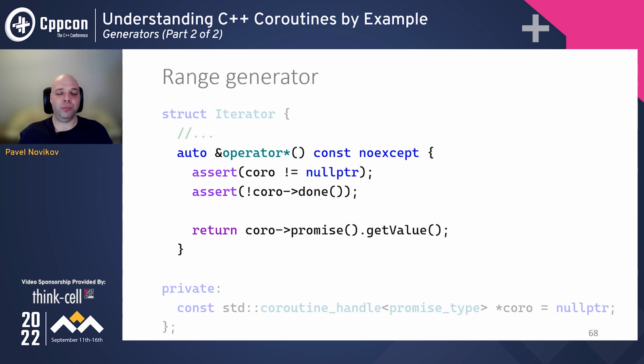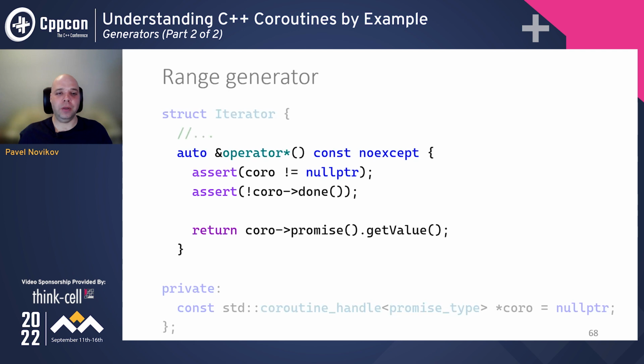So the other operation that we need to define for iterators is dereference. Here again, we assert that this iterator must be connected to a coroutine, so the coroutine pointer must not be null. The coroutine must not be done.